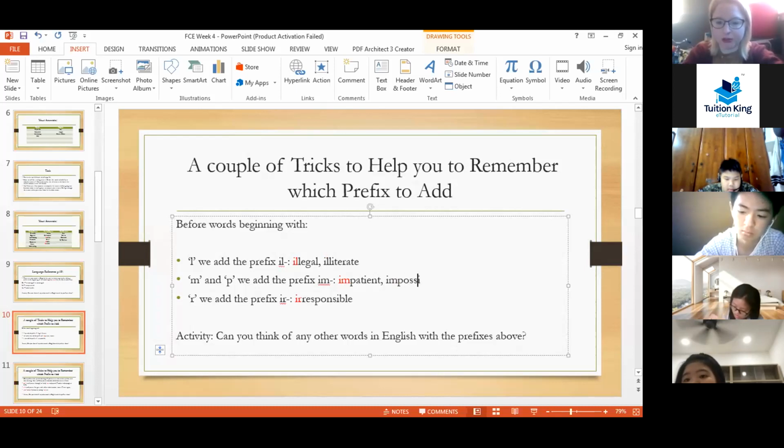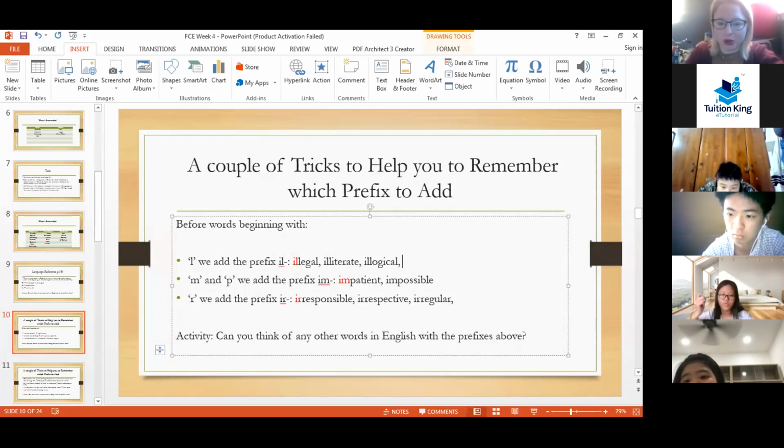So impossible. Irrespective is a wonderful one. I really like this word, actually. Irregular. Illogical. Somebody has obviously been watching too much Star Trek. So these are some excellent suggestions.